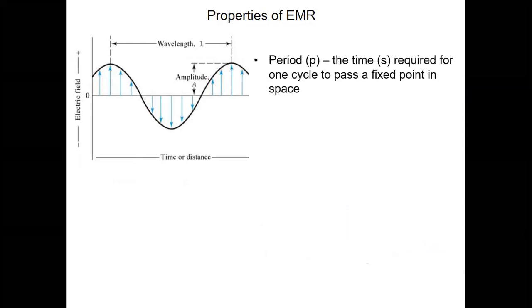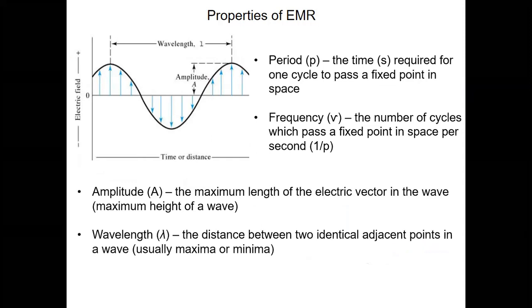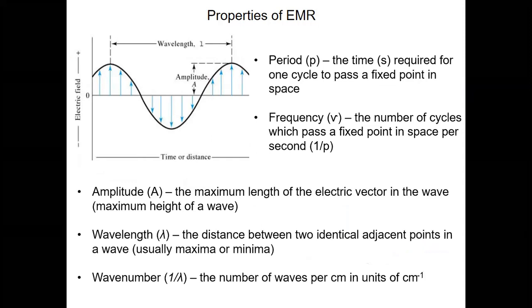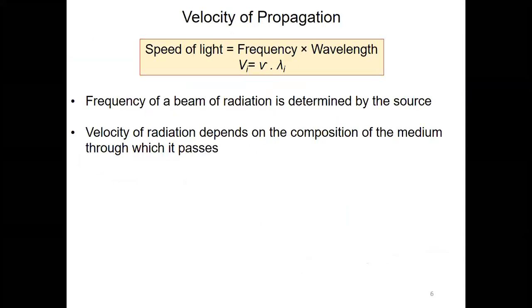You may already know these terminologies, but you may need them when you learn about certain spectroscopic techniques in detail. So these wordings have been given just to refresh your knowledge, okay?